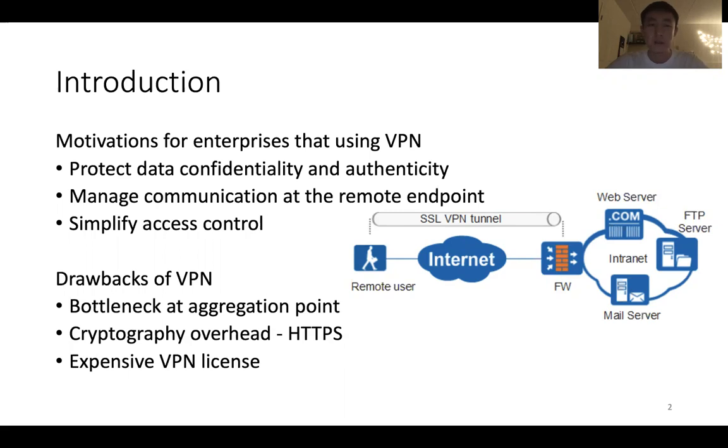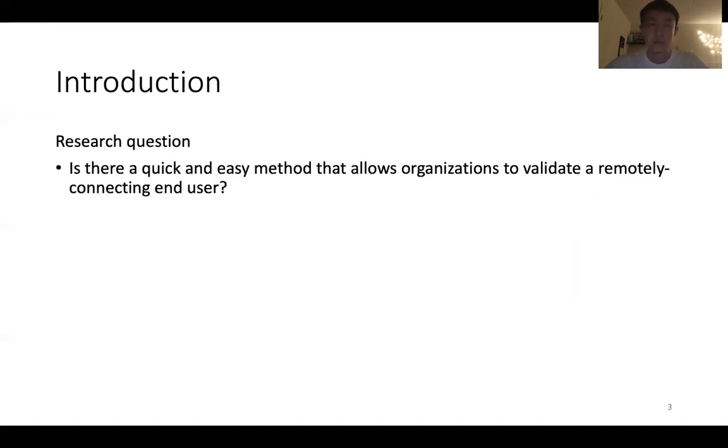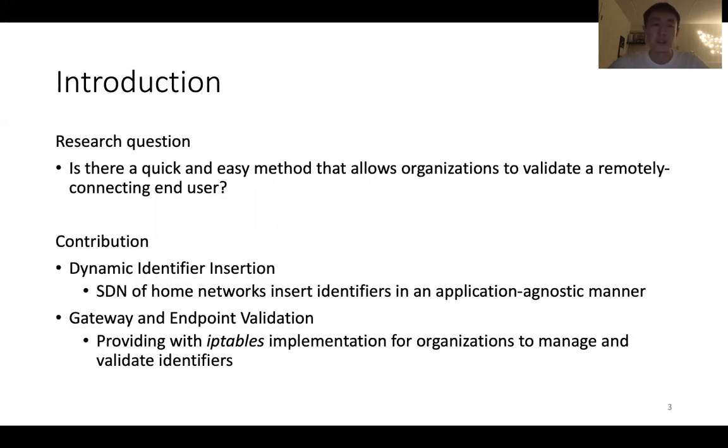Given this background, we know that VPN has a lot of redundant functionalities and some drawbacks, except that it can simplify access control. So our researchers want to find a lightweight access control method to replace VPN, so that we can remove those redundant functionalities.